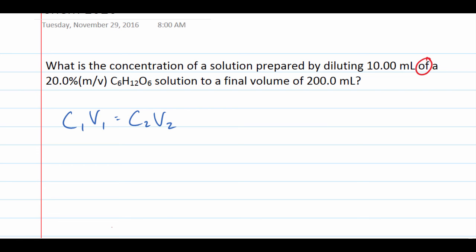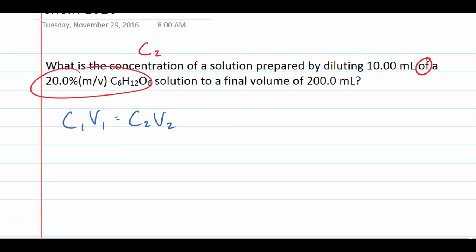So then we need to go through and label our values. What is it we're looking for in this problem? We're looking for the concentration. Are we looking for the concentration at the end or at the beginning? At the end. So we are looking for C2.